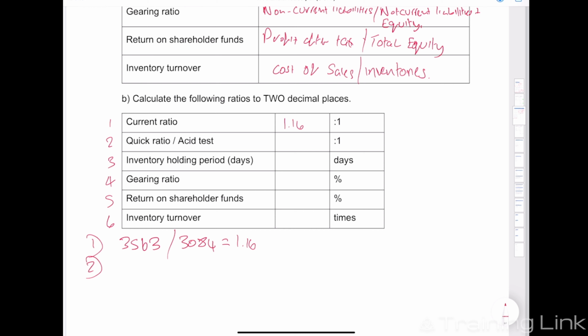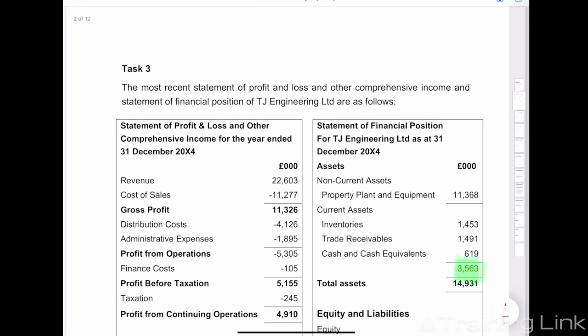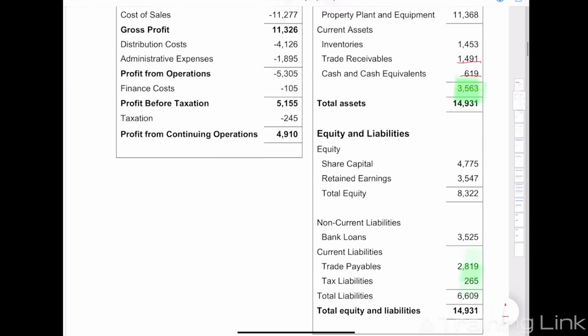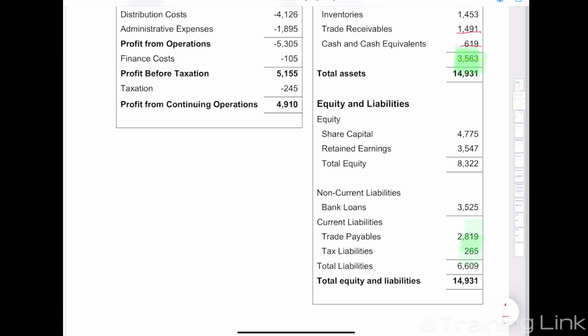2 then is the quick ratio or acid test. Going back up, this time we want to take our current assets figure, but not including inventories. So it would just be our trade receivables and cash equivalents divided by our current liabilities.